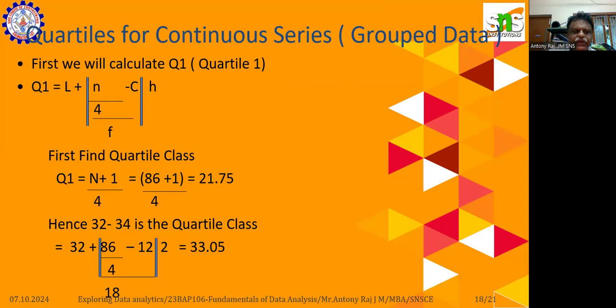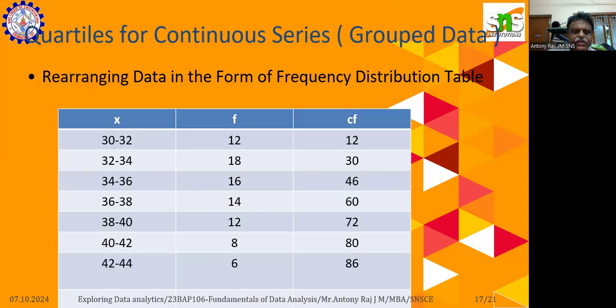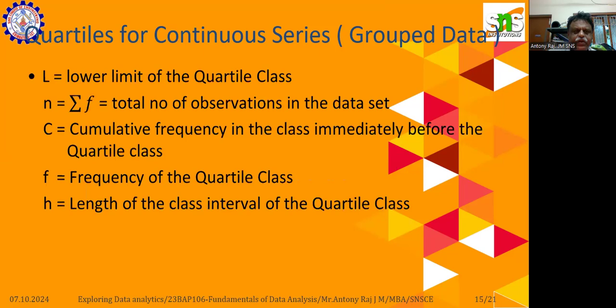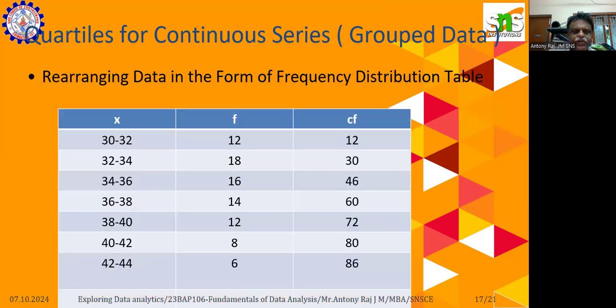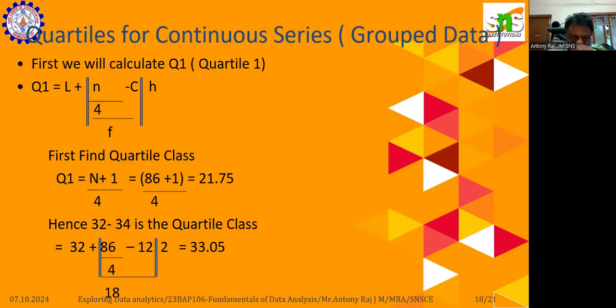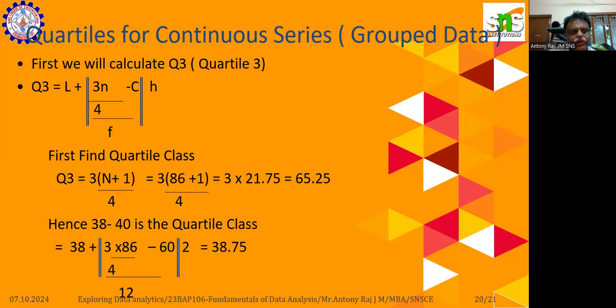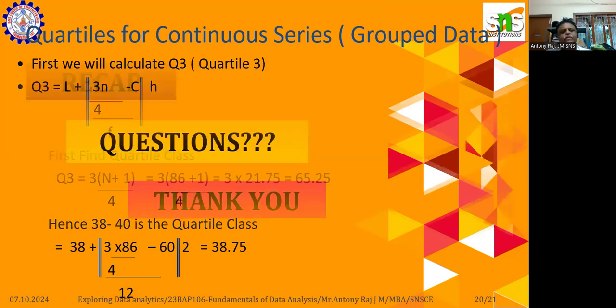We take the lower boundary; the number of data points remains the same. Then the frequency of the quartile class is F, and C, the cumulative frequency of the class before the quartile class, is 12. So we calculate 33.05. Like that, we can find Q2 as well as Q3. This is how we complete it.